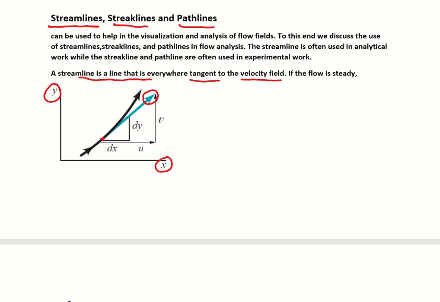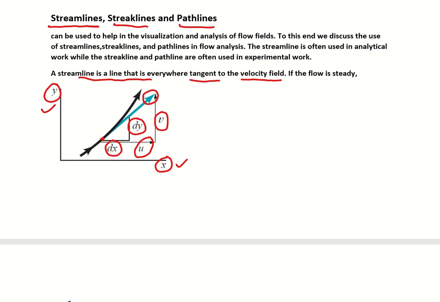In that case, this black line is termed as a streamline. So for this streamline, if we draw this tangent of velocity, then velocity may be resolved in two Cartesian coordinate directions, x direction and y direction. In the x direction this is u, and in the y direction it is v. Similarly, for a very small element, we will have this dx coordinate, we will have dy coordinate.